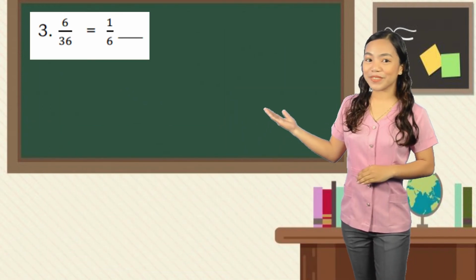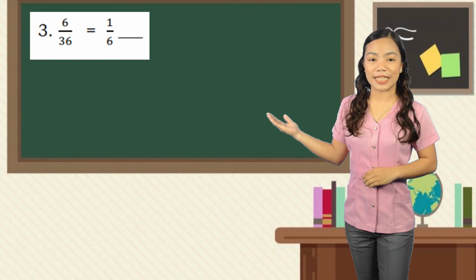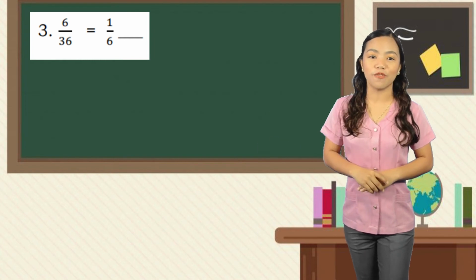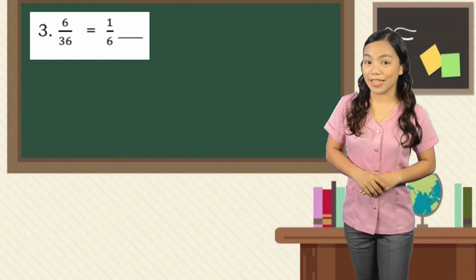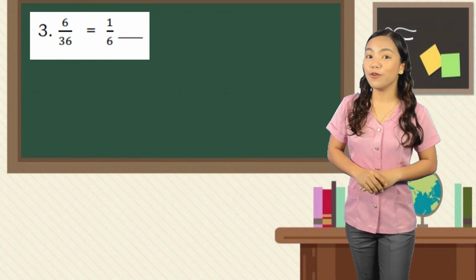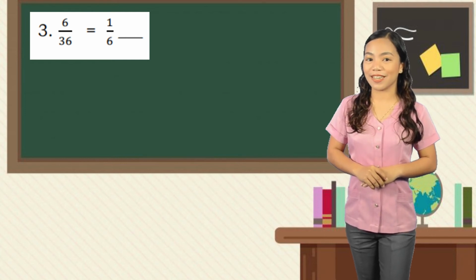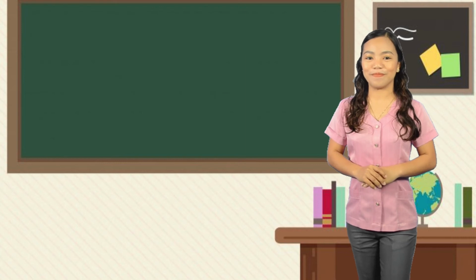Number 3. 6 over 36 is equal to 1 over 6. Is it yes, equivalent or no, not equivalent? Time starts now.